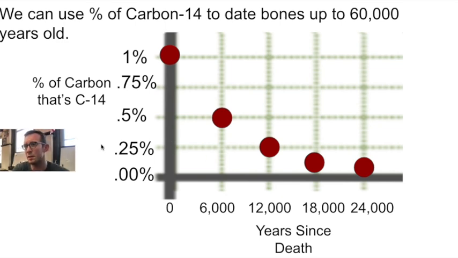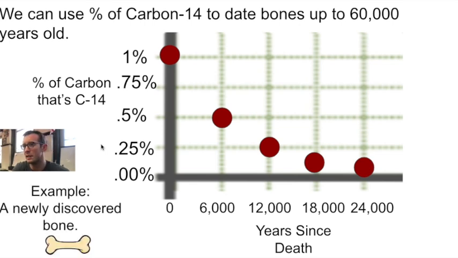And so that's what you guys are going to be doing in your challenge today. You're going to be looking at the atoms in a couple of bone samples. And let's say, for instance, you discover that out of all of the carbon atoms in the bone sample, 0.25% of them are carbon-14.